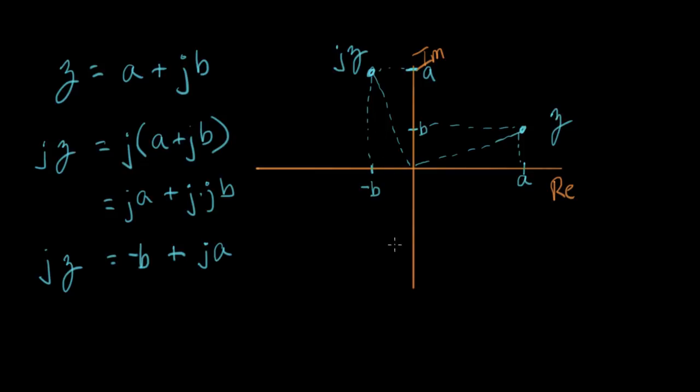So now we have a bunch of triangles on the page, and what I want to demonstrate is that this angle right here is 90 degrees. So one way to do that, let's see if we can do that. Let's say this angle here is theta.